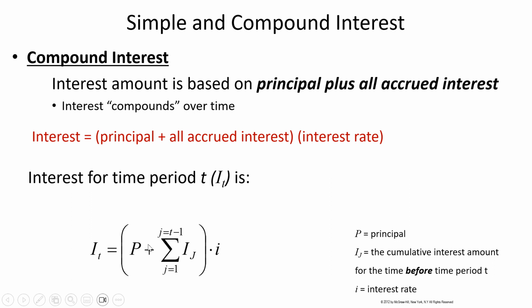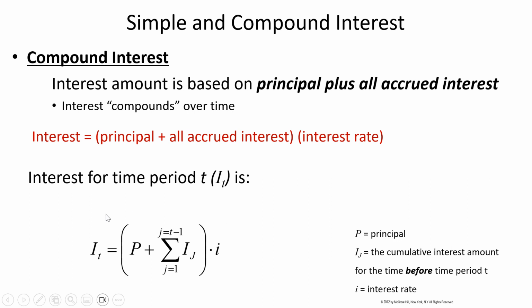P, the principal, is the original amount you borrowed, and then this summation is just saying the sum of the first year's interest, the second year's interest, and so on, up until t minus 1. So if t is whatever year we're in, let's say the third year, then t minus 1 would be the first year's interest and the second year's interest added together.